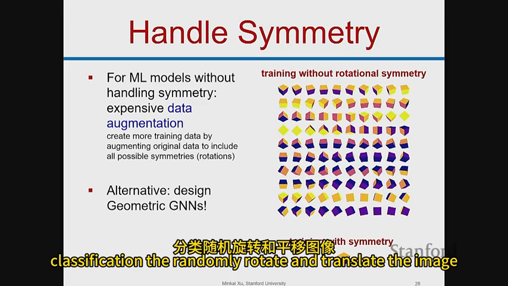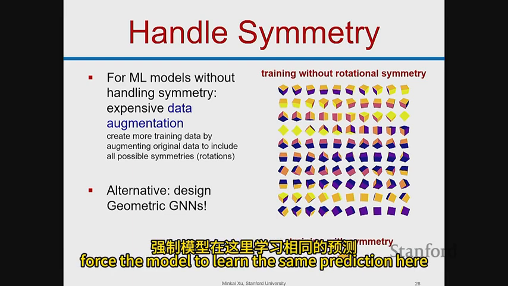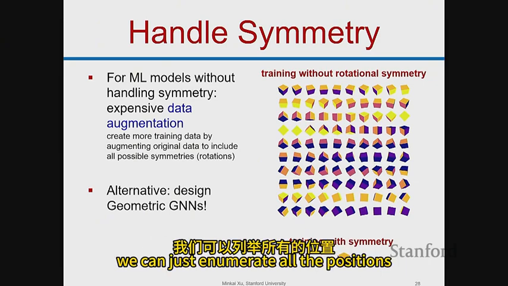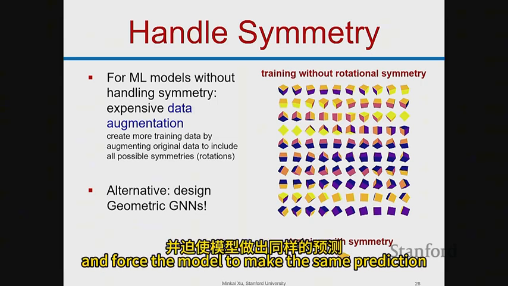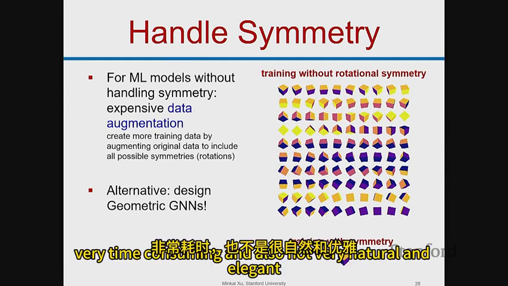They randomly rotate and translate the image and force the model to learn the same prediction. Here we can do the same thing. With a single data point, we can enumerate all the positions and force the model to make the same prediction. But this is very expensive, very time-consuming, and also not very natural and elegant.